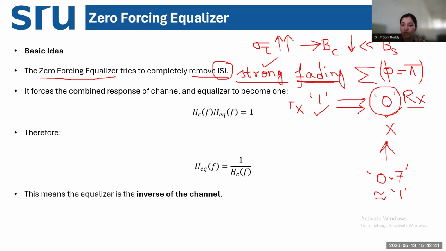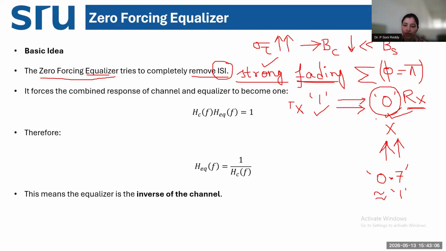Okay, so instead of getting an amplitude value of 0 or negligible amplitude value, the zero forcing equalizer will try to enhance the amplitude or the power of the received signal, which is experiencing destructive interference. So the power is very, very low at the received signal. It is almost negligible.